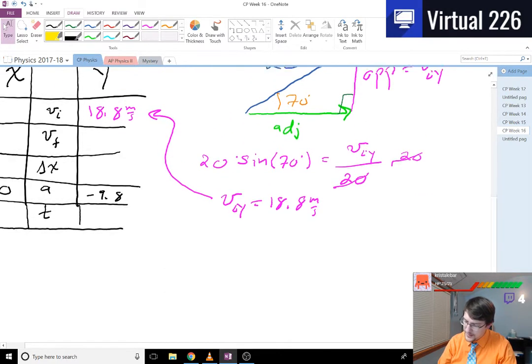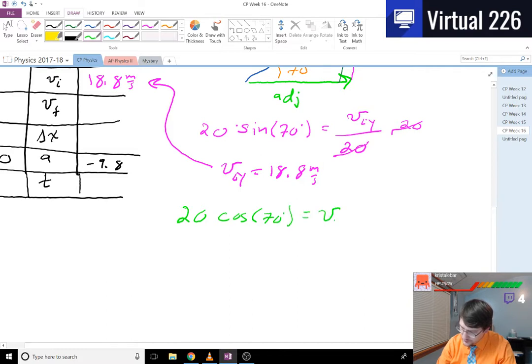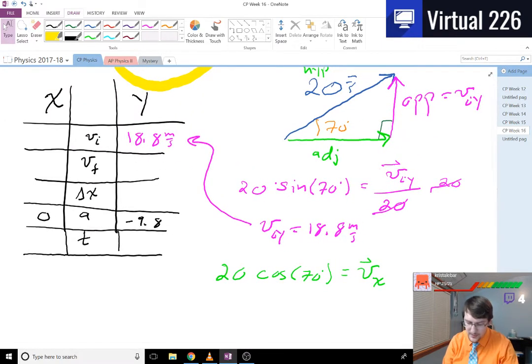If I want to find the x side, the adjacent, I can just say that 20 cosine of 70 equals the x velocity. This is both the initial and the final velocity, because in the x direction it doesn't speed up. And when I plug this into my calculator, I get a value of only 6.84 meters per second.